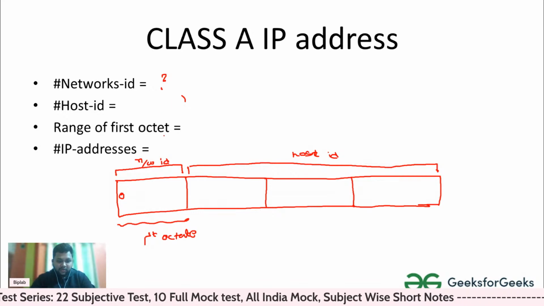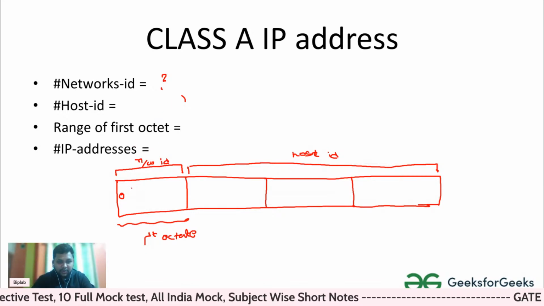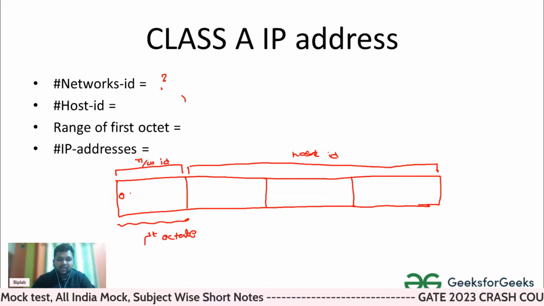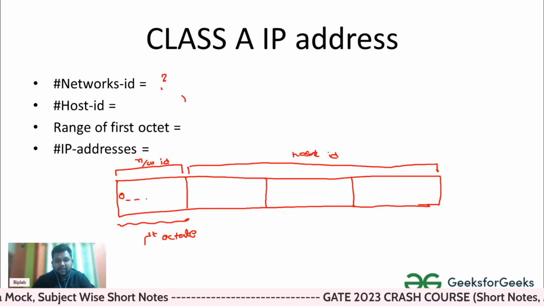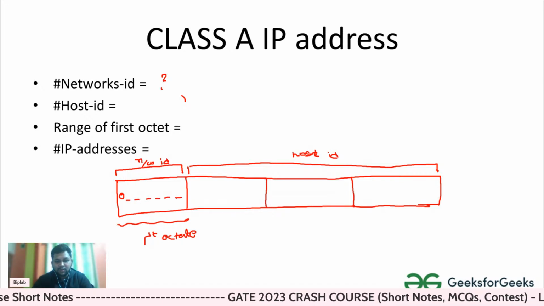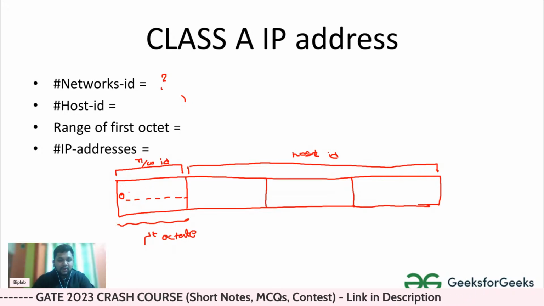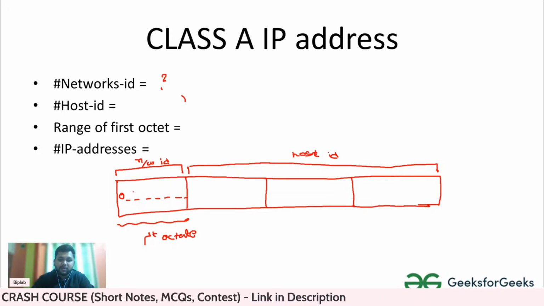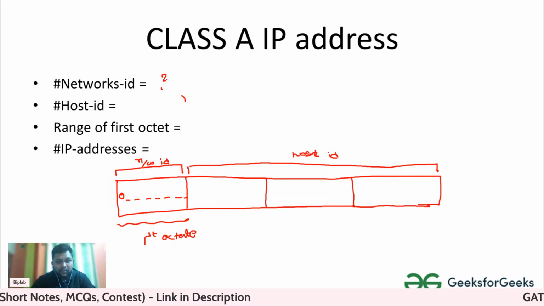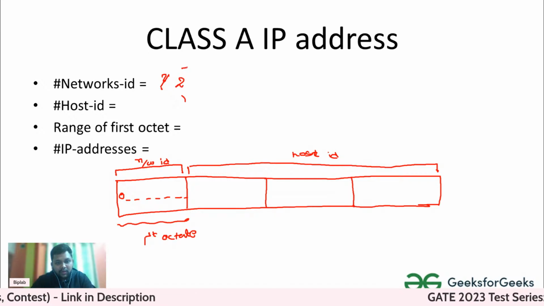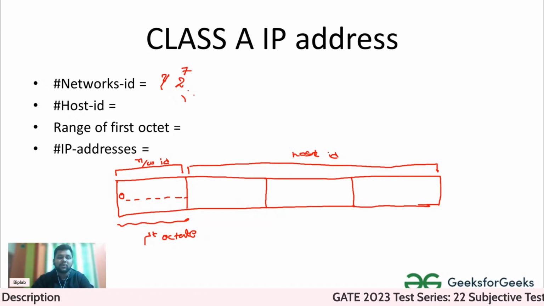Fine, so let me tell you. Since one bit is fixed, you have 7 bit positions still left. Each position can have 0 or 1 again. So there will be 2 to the power 7 possible networks.